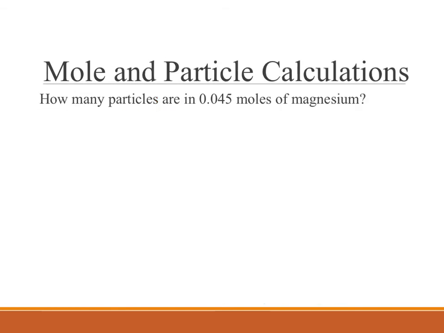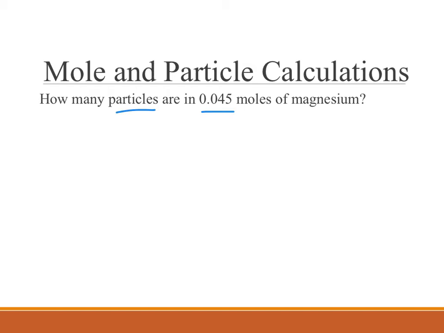So you use those relationships between number of particles and moles and mass and moles and volume in a variety of calculations in science class. And you're going to have plenty of time to practice this. So for example, you might have a question that asks how many particles are in 0.045 moles of magnesium.